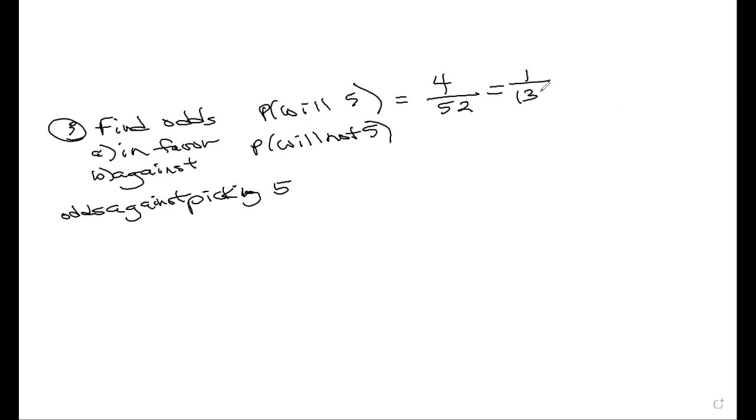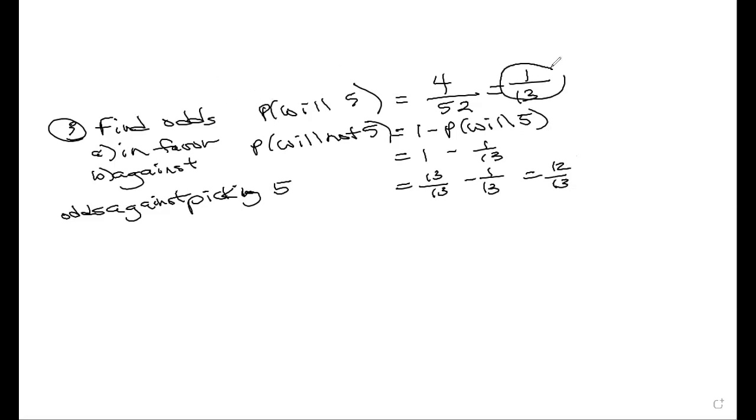So either I get a 5 or I don't. These are complements. The chance of not getting a 5 is 1 minus the probability that you will get a 5. And 1 minus 1/13, remember you have to have a common denominator, is 12/13. So the chance I will get a 5 is 1/13, and the chance I won't is 12/13.